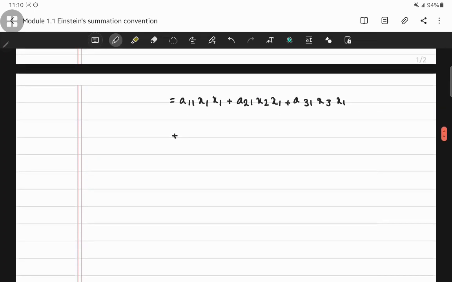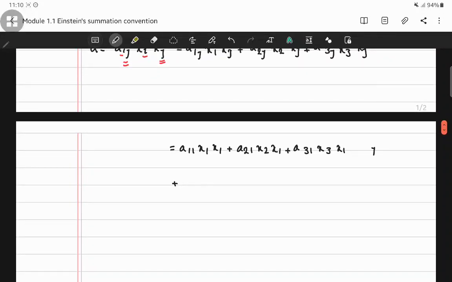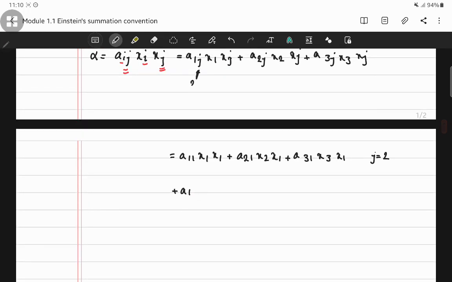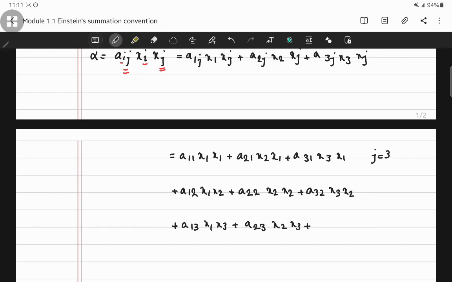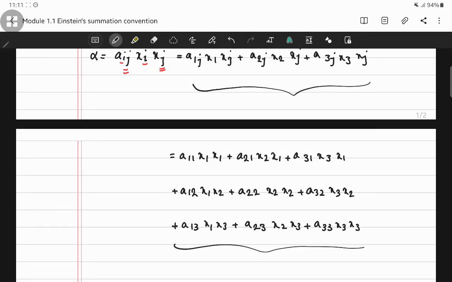Now I say j is 2, so I will have a_12 x_1 x_2 plus a_22 x_2 x_2 plus a_32 x_3 x_2 here, and then I switch j to 3, then it becomes a_13 x_1 x_3 plus a_23 x_2 x_3 plus a_33 x_3 x_3.